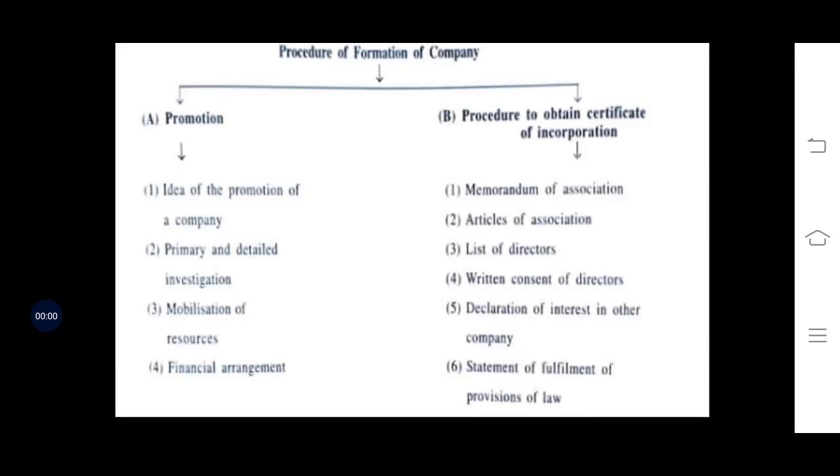at the first step, our government is there, and in the government there are various departments, among which there is a particular department for handling companies' affairs, that is called MCA, Ministry of Corporate Affairs.